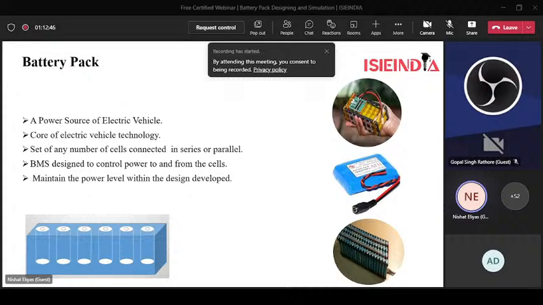When the cells are configured in series and parallel, they make the core of the battery pack. And when installed with the BMS, it controls all the inputs and outputs of the battery pack, and maintains the power level within the design developed, as per our requirement for which we will be using our battery pack.